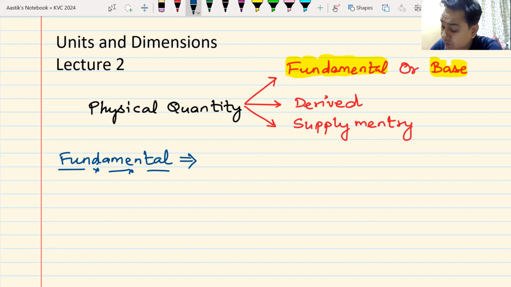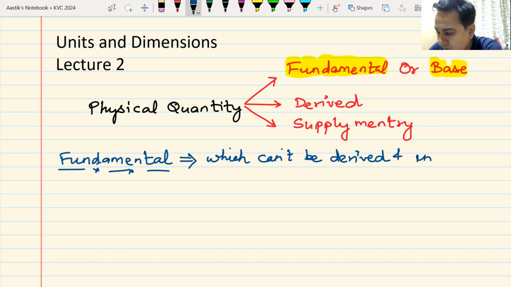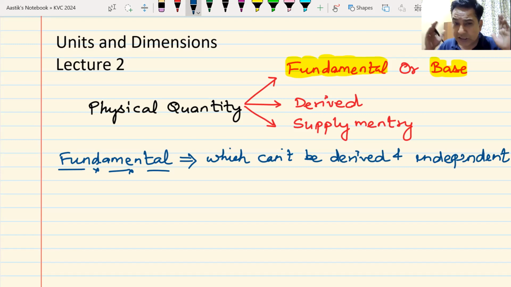So, a fundamental physical quantity is a quantity which I hope everyone will write, which cannot be derived from other quantities, and it has an independent existence. So it exists independently. A fundamental physical quantity is a quantity that cannot be derived and it exists independently.